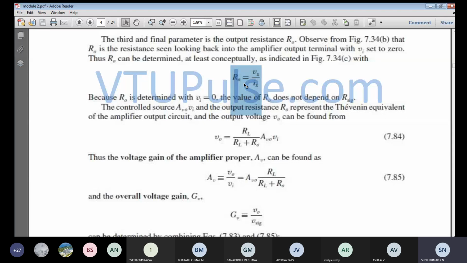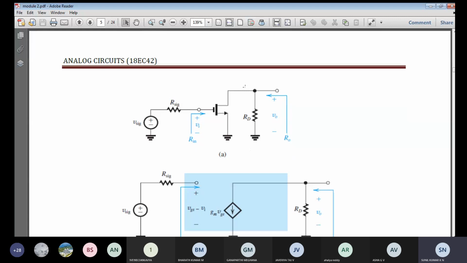Since it is unilateral, unilateral means there is no loading effect from the input side to the output side or output side to the input side when you calculate the resistance. So how are we going to find the input resistance? It is a combination of R signal and Rin. So Rin is nothing but infinity, so this is going to have a high input resistance.